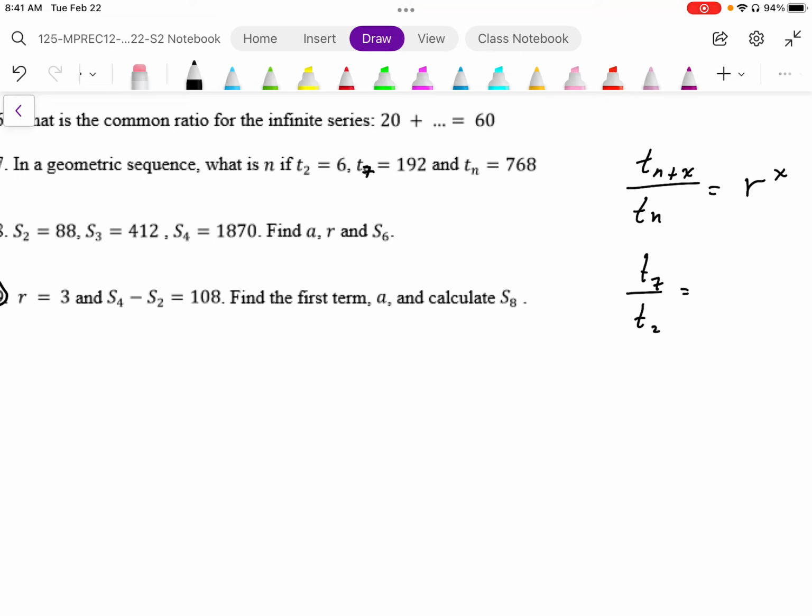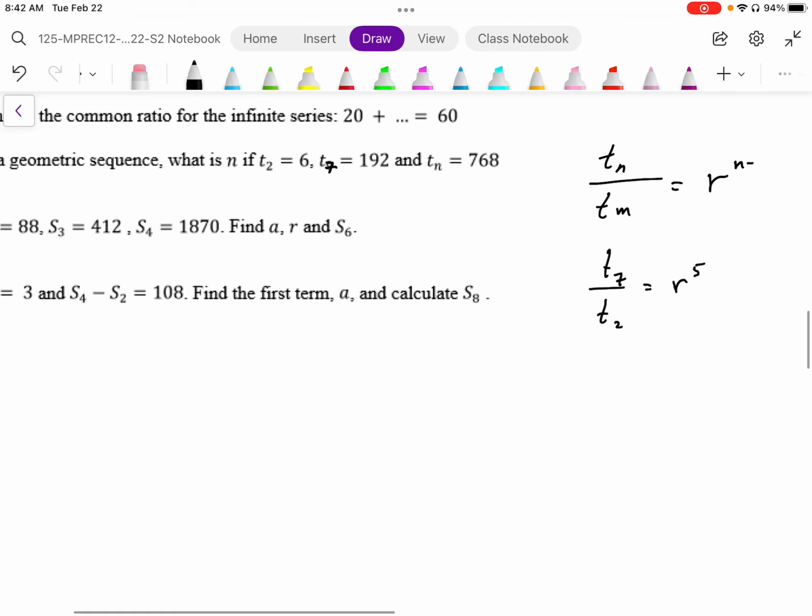And if I divide those two numbers, I'm going to get R to the power of the difference between 7 and 2, which is 5. Sometimes that formula can look like this: we can have M and N on the bottom, and this is going to be N minus M as the exponent.